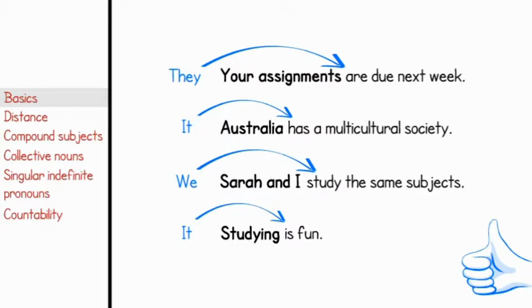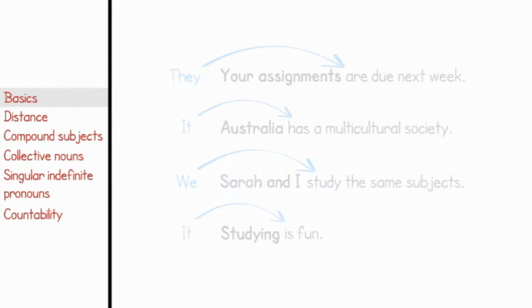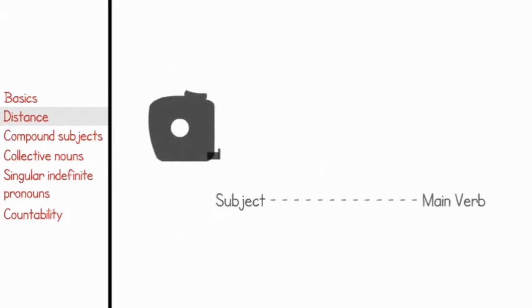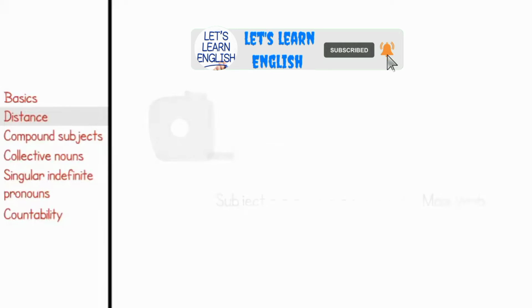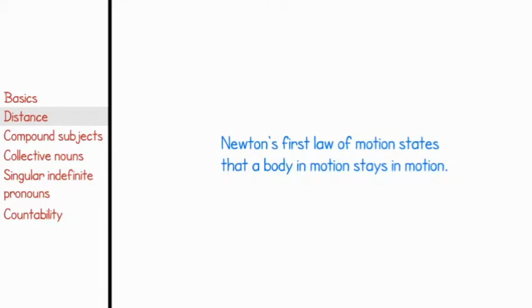If so, then you shouldn't have much difficulty with subject-verb agreement in basic sentences. Of course, not all sentences are that simple. Let's look at some more complicated situations. One of the most common challenges is the distance between the subject and the main verb. For example, Newton's first law of motion states that a body in motion stays in motion.